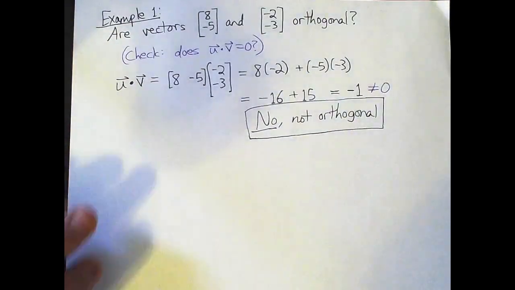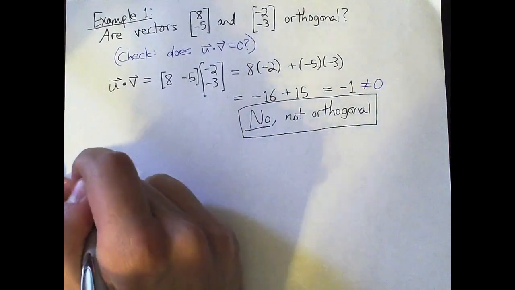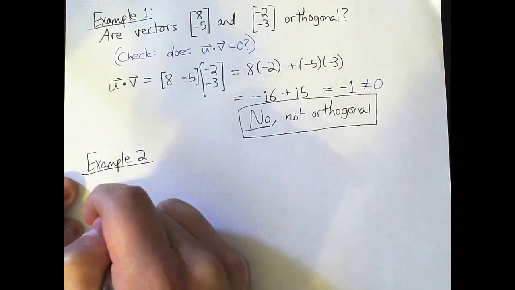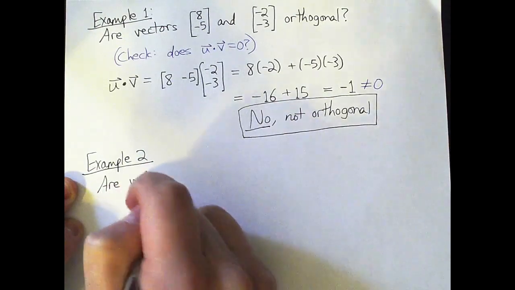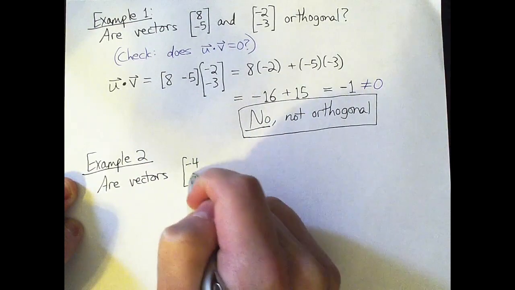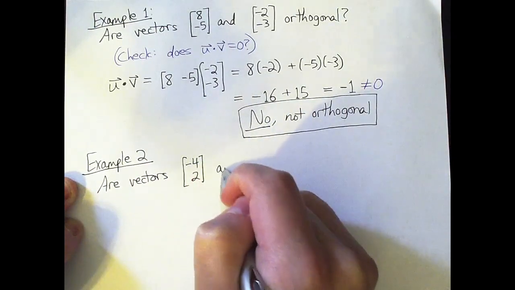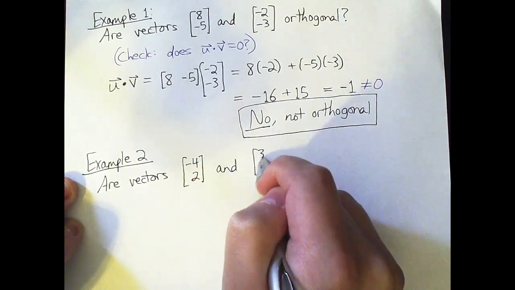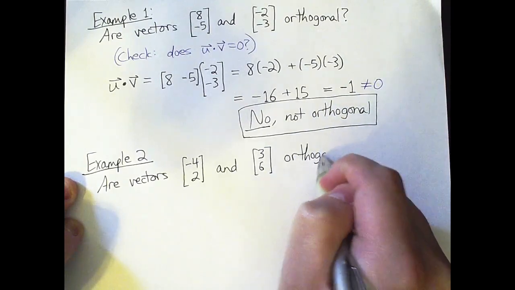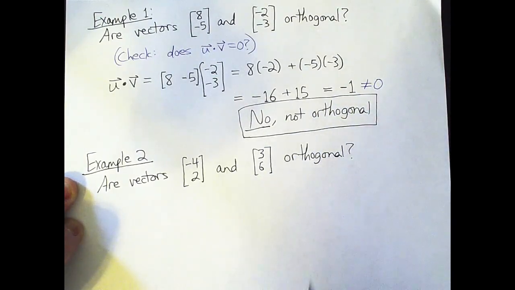Let's look at another example. Example 2: are the vectors -4, 2 and 3, 6 orthogonal? I'll show you the steps for this one also.